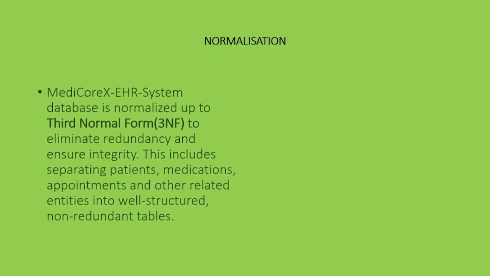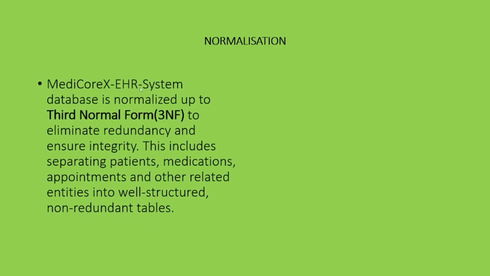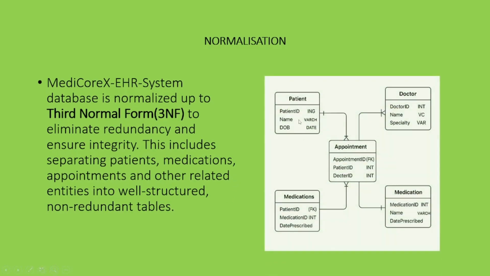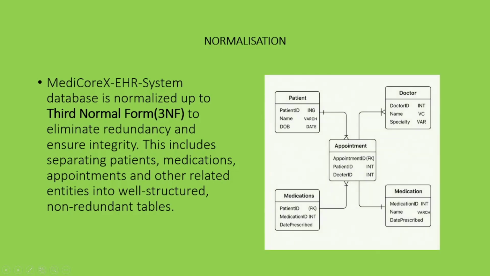So through this, our MediCoreX EHR system database is normalized up to a third normal form to eliminate redundancy and ensure integrity, and this includes separating patients, medication, appointments, and other related entities into well-structured, non-redundant tables as seen below. So here, we have our records being divided into patient, doctor, appointment, and medication, whereby we all access them in a centralized way without repetition.